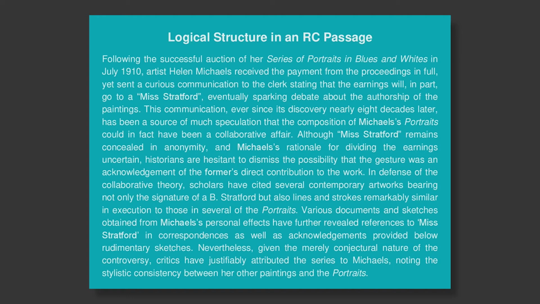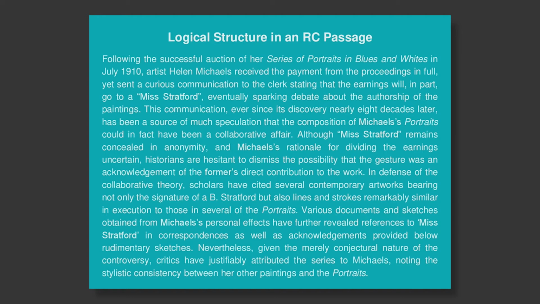Let's keep reading. Various documents and sketches obtained from Michael's personal effects have further revealed references to Miss Stratford in correspondences as well as acknowledgments provided below rudimentary sketches. Okay, again, one chunk at a time. We have documents and sketches being obtained from Michael's personal effects.